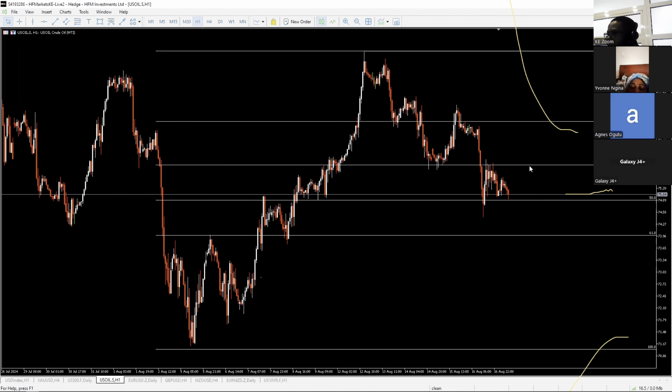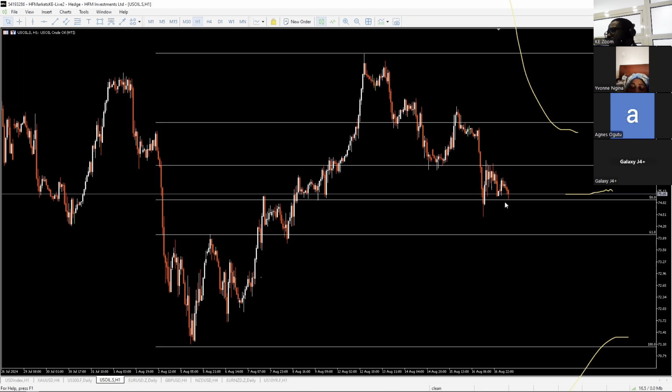So if these concerns regarding weakening demand in China are ignored by market participants, or if the macroeconomic data coming out of China is positive, we should see crude oil bouncing back up to 75, 75.75, all the way to 76.